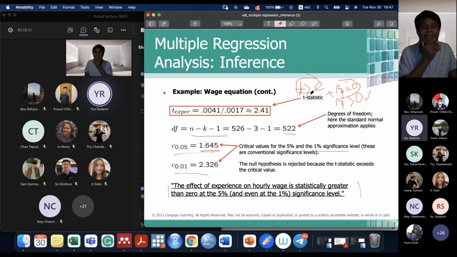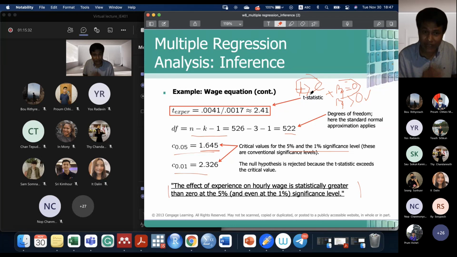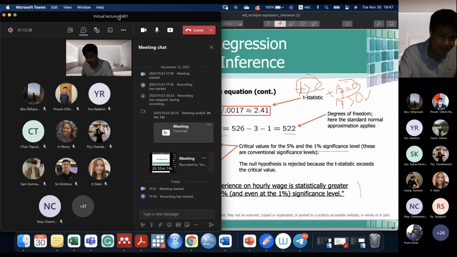Teacher, if we reject the null hypothesis, we accept the alternative hypothesis, and if the null hypothesis is accepted, we reject the alternative hypothesis, right? When we reject the null hypothesis, meaning that there is an effect on the dependent variable.